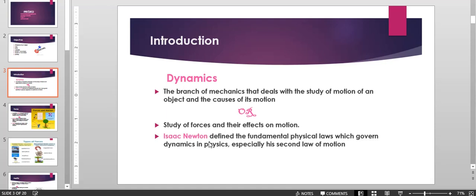Regarding this, Isaac Newton defined the fundamental physical laws which govern dynamics in physics, especially his second law of motion. There are basically three important terms in this chapter that we'll discuss in the upcoming slides: force, inertia, and momentum.